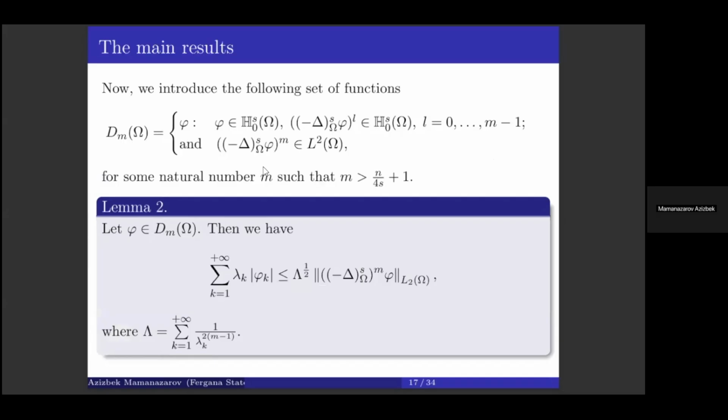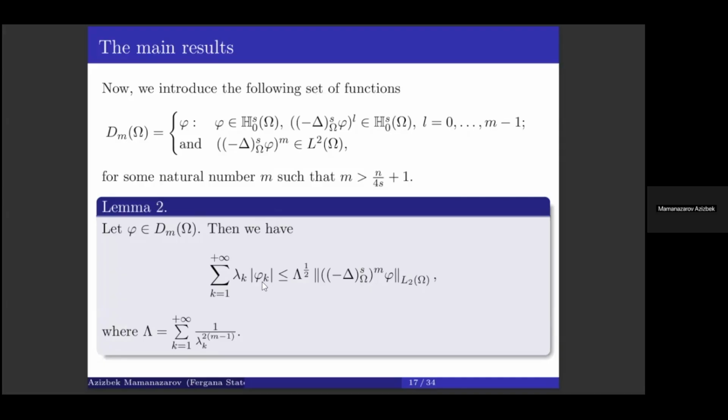So now I will move to studying the inverse problem. We introduce the following set of functions. D_m of omega denotes the set of functions satisfying the following properties for some natural number n, and we assume that m should satisfy this inequality. Then we have the following fact: if phi is from this set of functions, then we have this type of inequality.